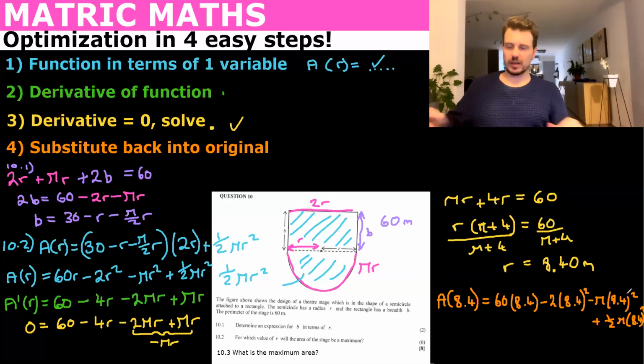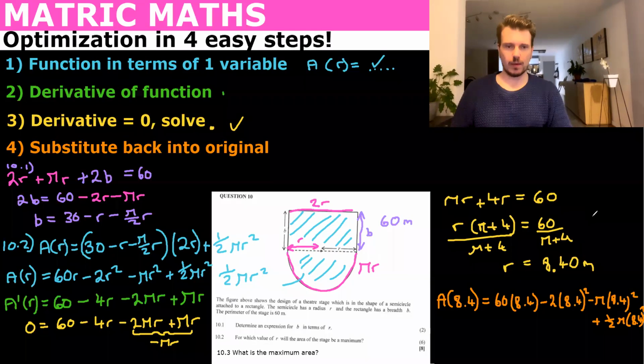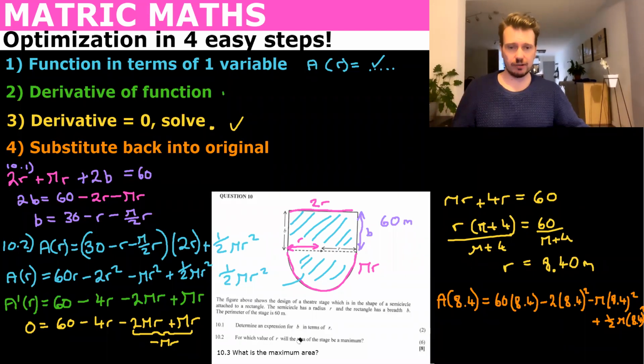Okay, and we just put that into our calculator. And when we put it into our calculator, we get 252.2 meters squared, and that is going to be the area of the stage.